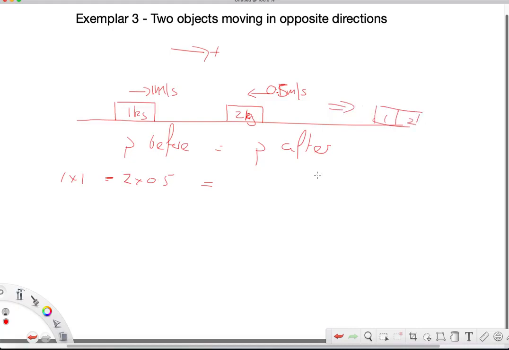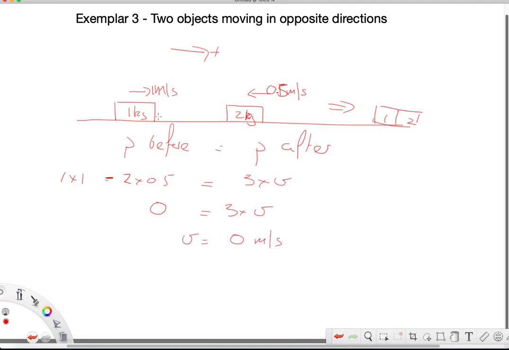There's my 1, there's my 2. So 1 times 1 minus 2 times a half is our 3 times V. Well, here you see 1 minus 1 is 0. So our velocity will be 0.